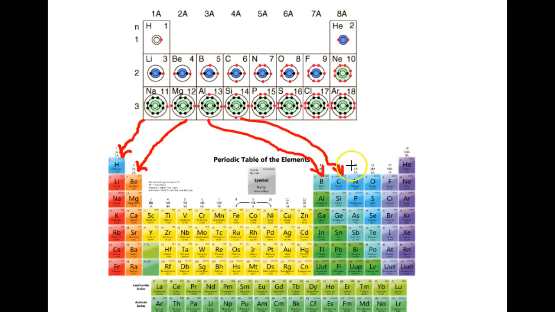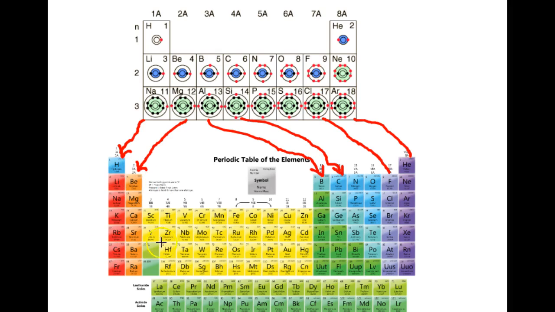Nitrogen, I'm running out of room here, but nitrogen and all the elements below it would have five valence electrons, as I can see in this Bohr-Rutherford diagram. And then following along with the halogens over here, having seven valence electrons, and my noble gases all having a full outer shell.